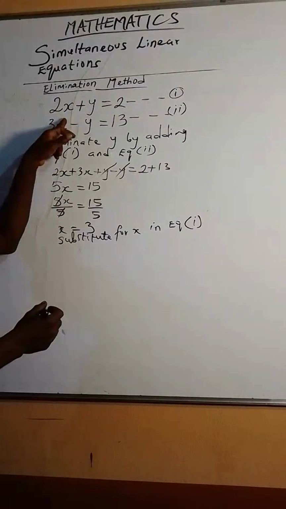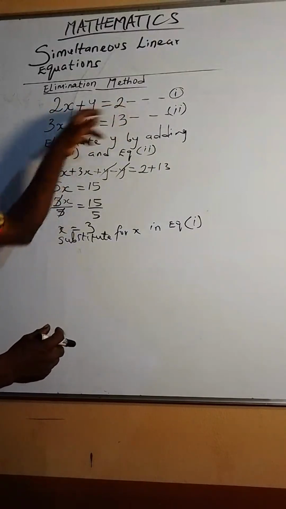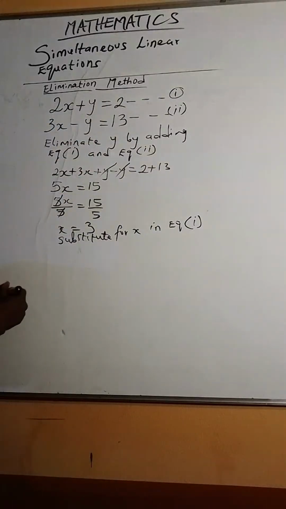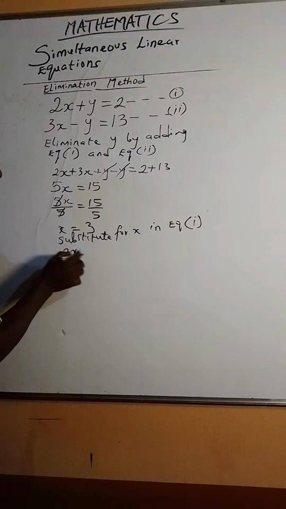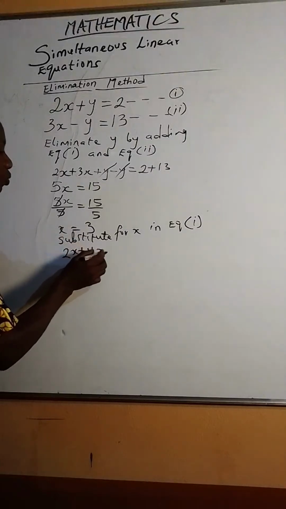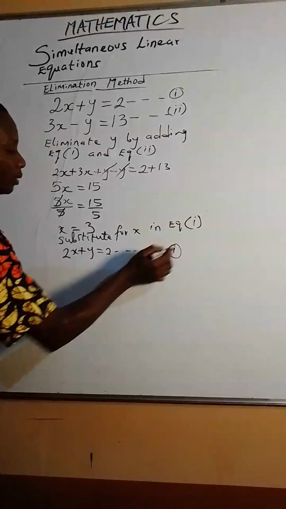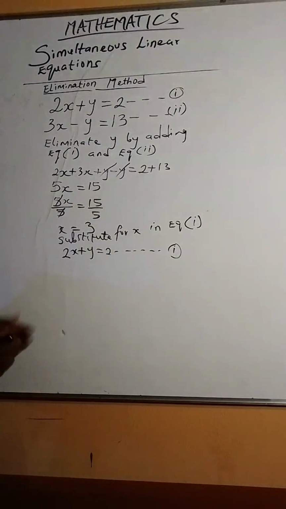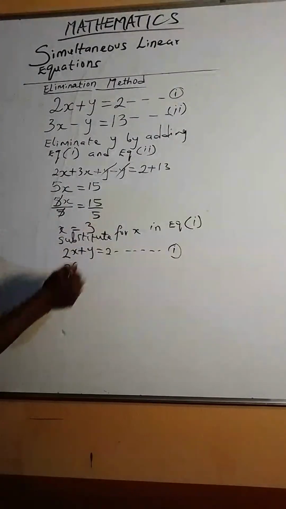Now equation 1 is 2x plus y equals 2. So we want to substitute into equation 1. This is x, and x is 3.